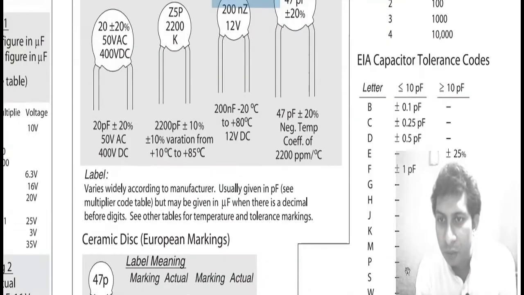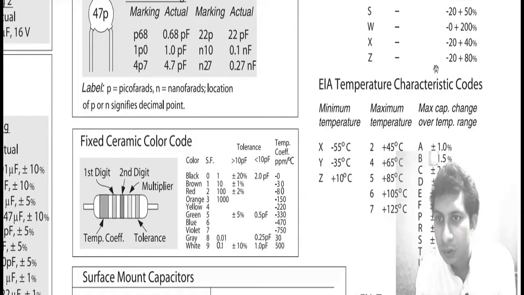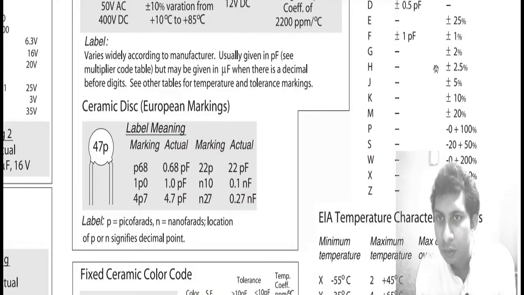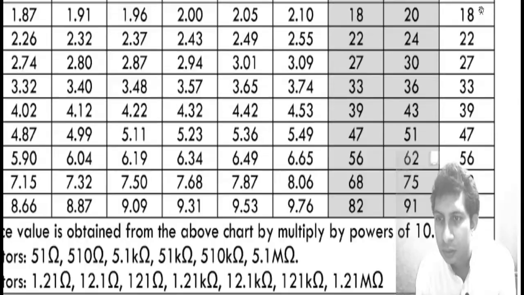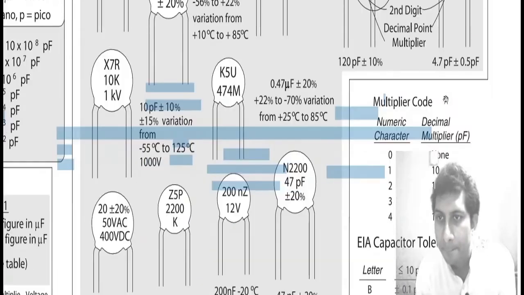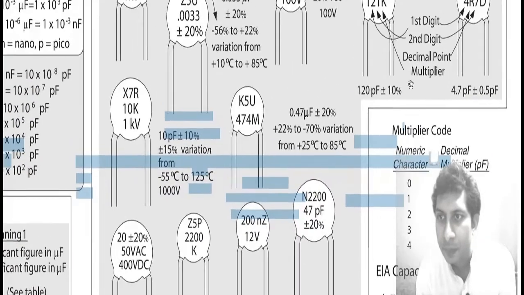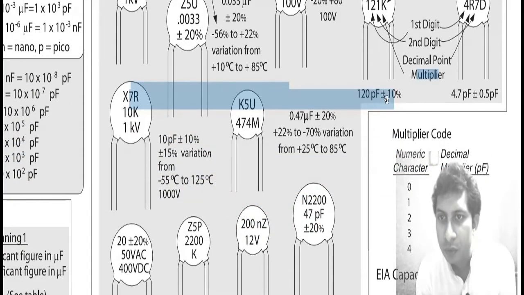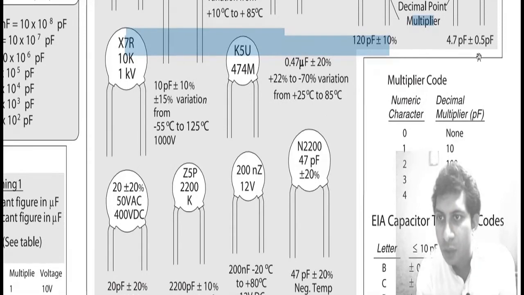You can find it from this D and K. Here K is plus minus 10%, and for this D we have plus minus 0.5 picofarad.